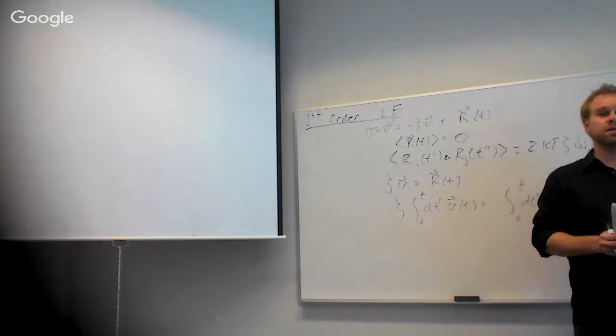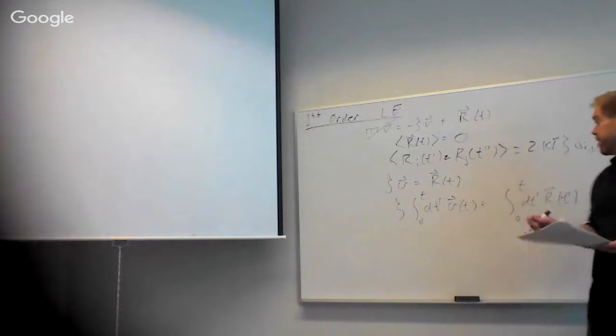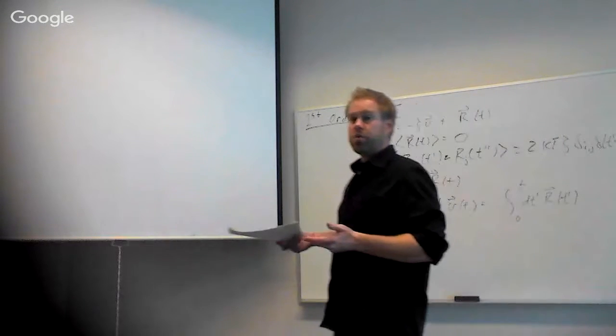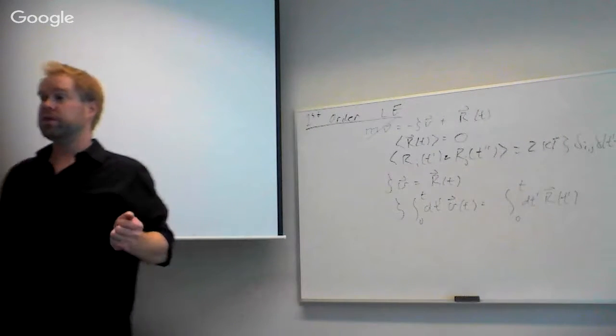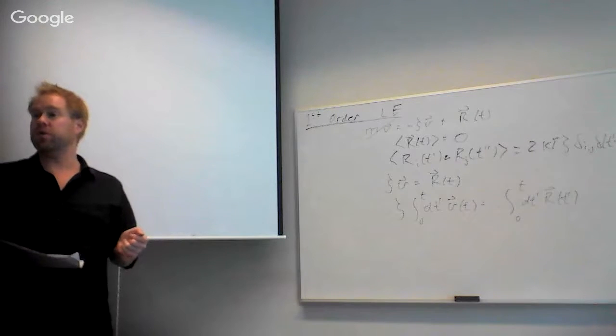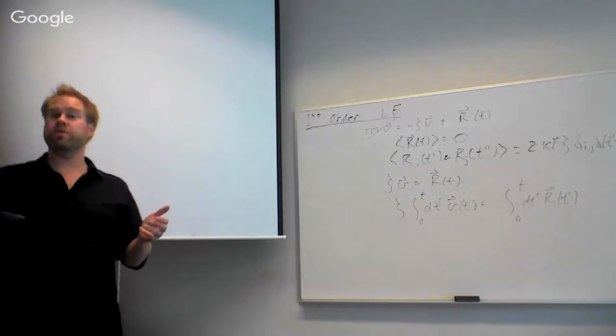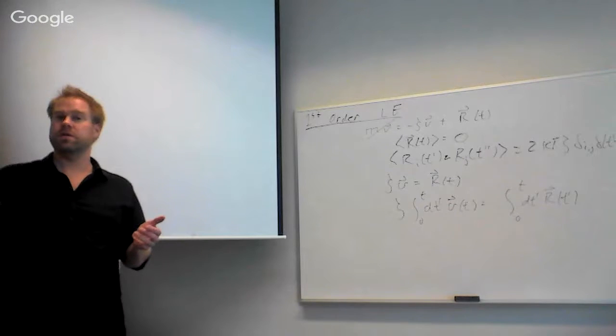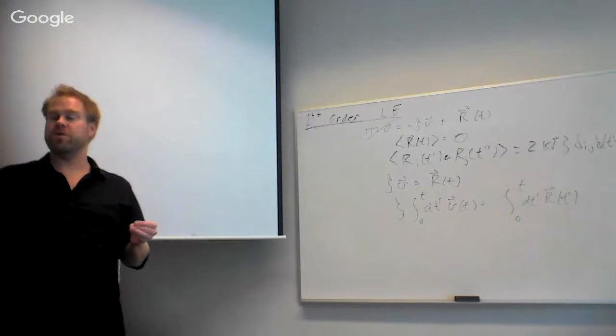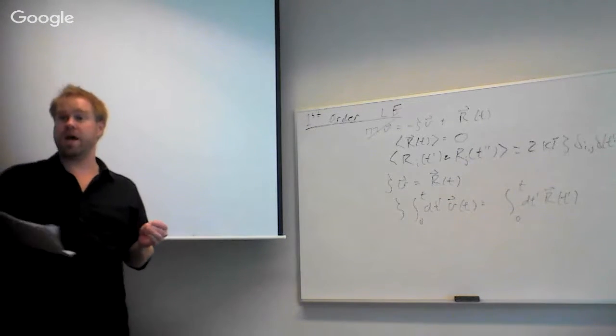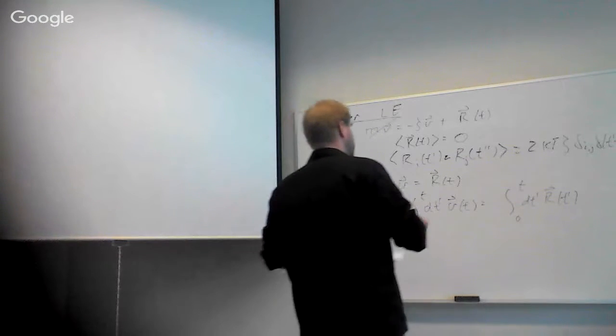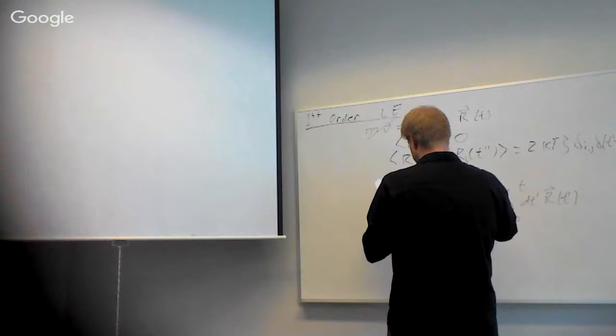There's no general solution for this because your random term is random. What do we do whenever we face that? What's the way of getting out of this? Yeah, we take the average. Let's take the average of both sides here.